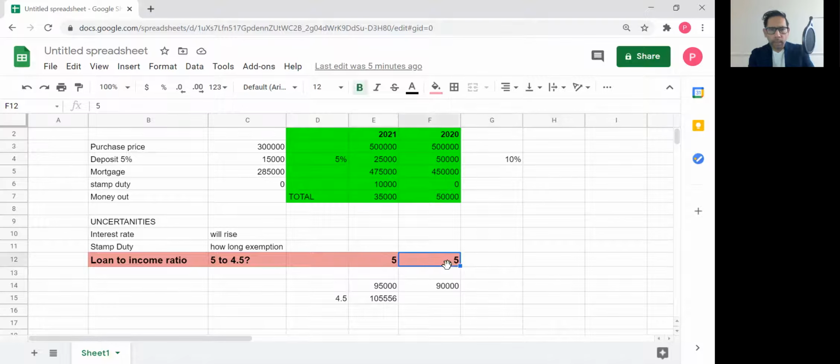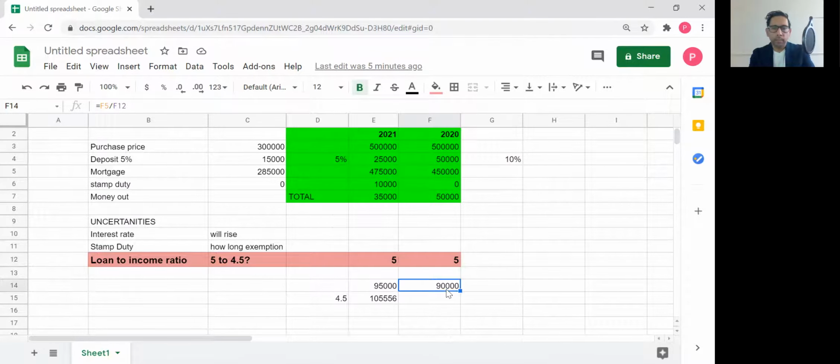So if you have a look here, this is where you are putting 10% deposit, and then this is where you're putting 5% deposit. Now, with regards to the income, to afford a property with 10% deposit, the property value being £500,000, you would require an annual gross income of £90,000, which is your mortgage divided by 5.